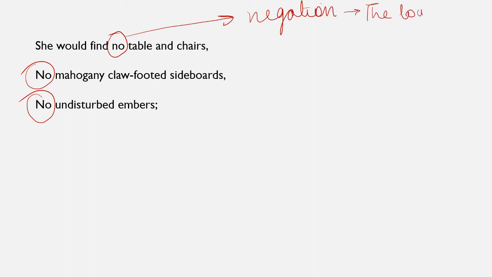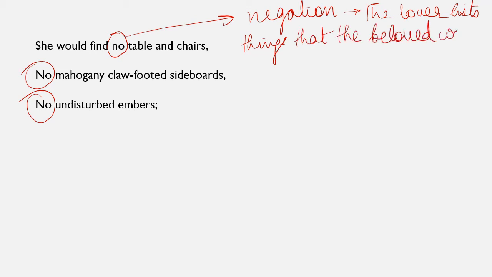The lover basically lists things that the beloved would not find in his head. Maybe these are things that she had imagined would be there.